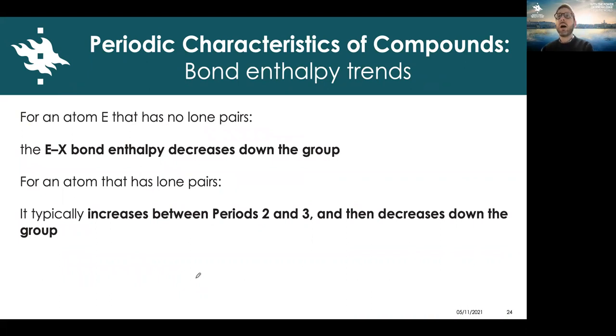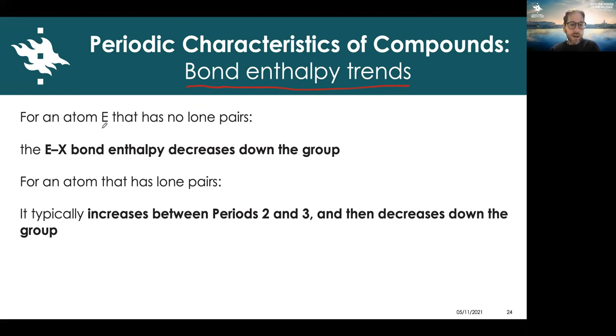Okay, so I believe the last type of periodic trend that we will discuss for the elements is the bond enthalpy trends, or the energies of the bonds formed by these elements when they are part of a compound.